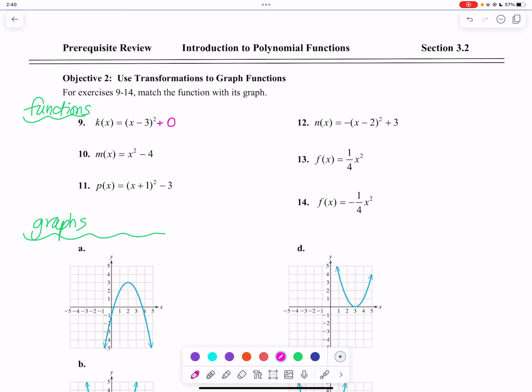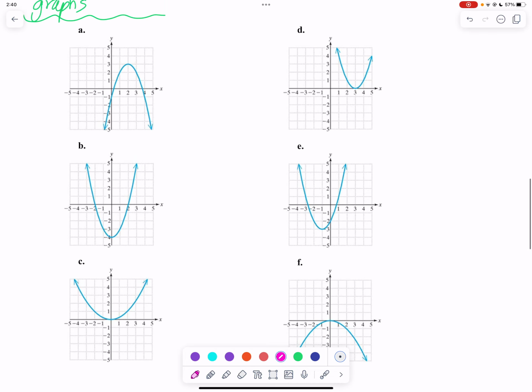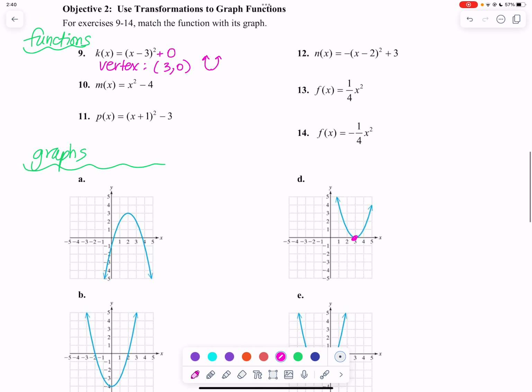So the vertex (h, k) here would be (3, 0), and it opens up. So do we have a graph here that has a vertex at (3, 0) and opens up? We do. We have D. Okay, so this is k of x equals (x minus 3) all squared.